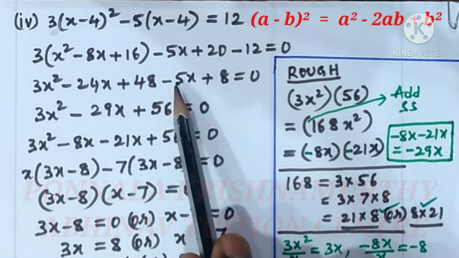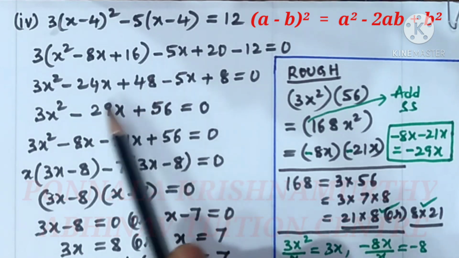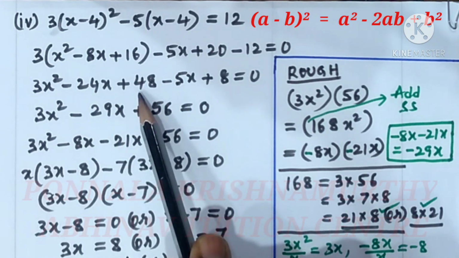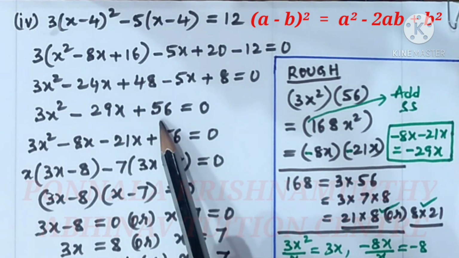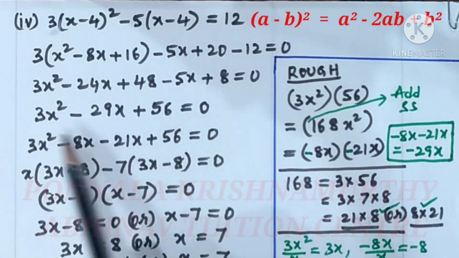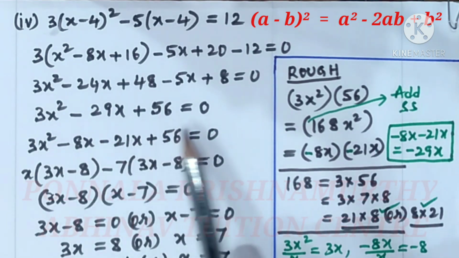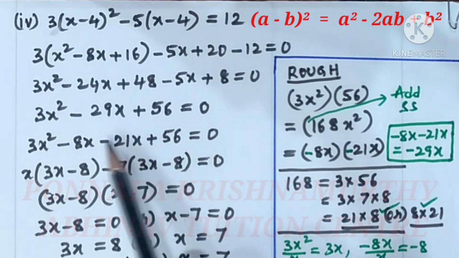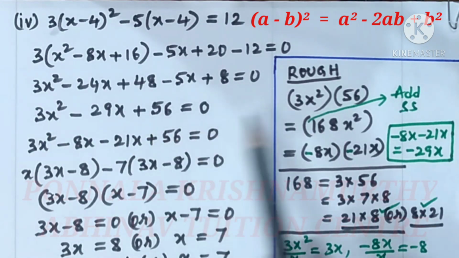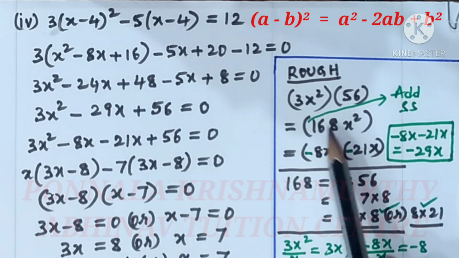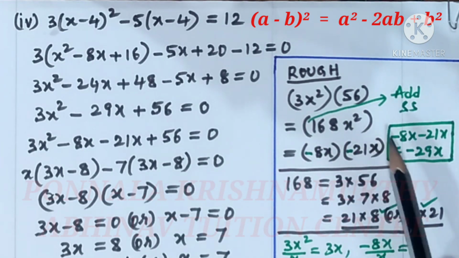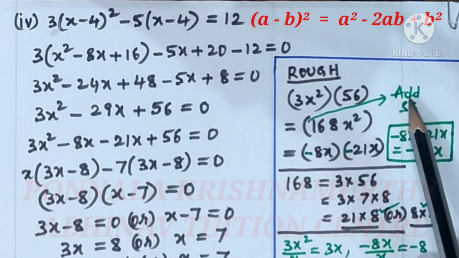Same signs, addition, same sign, minus 29x plus 48 plus 8 is plus 56 is equal to 0. Now this is in the form of ax square plus bx plus c equal to 0. Now we will factorize and solve. Now 3x square into 56 is 168, so this is 168x square. This is positive here, so addition and same signs.